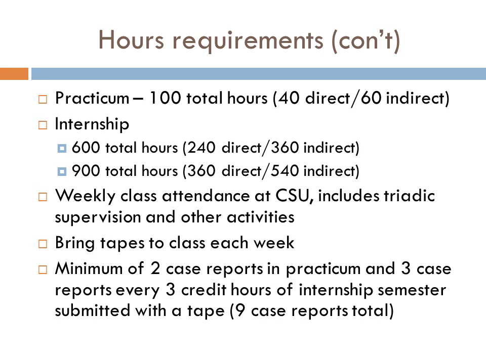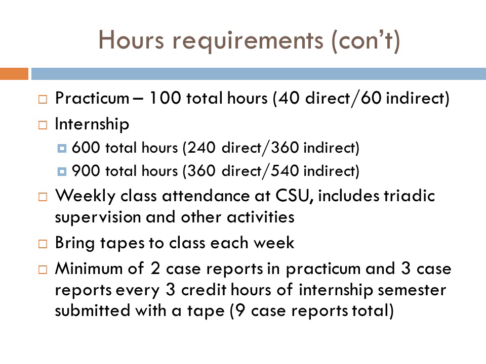For school counselors, you're required to do 600 hours. 300 hours are to be in an elementary school and 300 in a high school. Of those total hours, 240 are to be directly with students and 360 of indirect hours. For clinical mental health students, you're required to do 900 hours, and of those, 360 are direct and 540 are indirect.